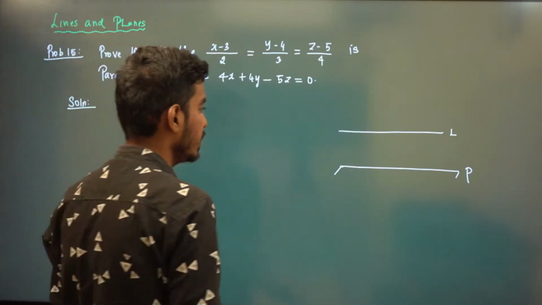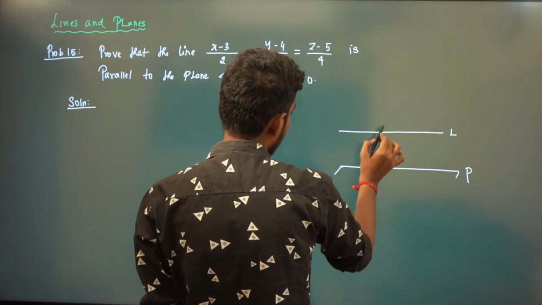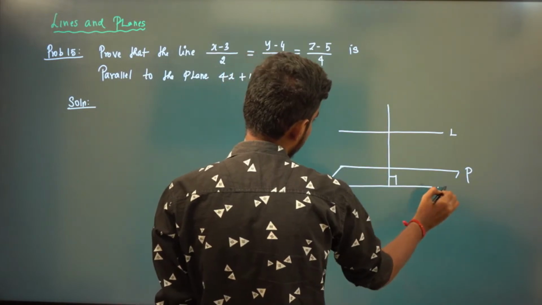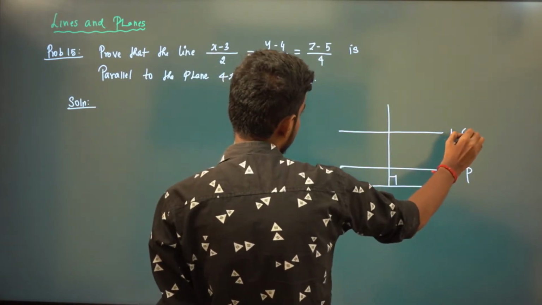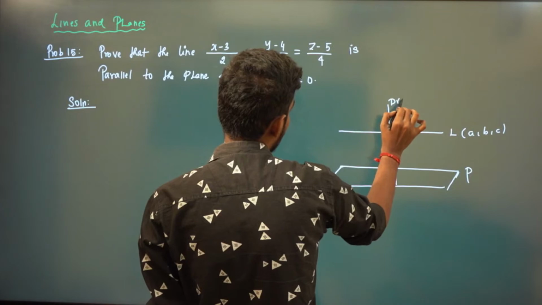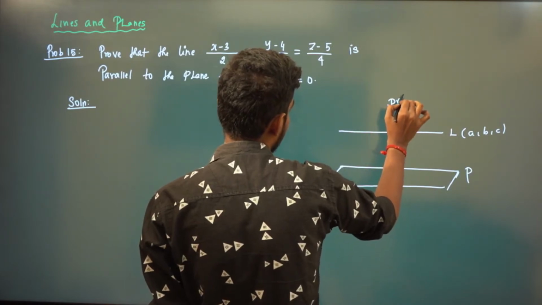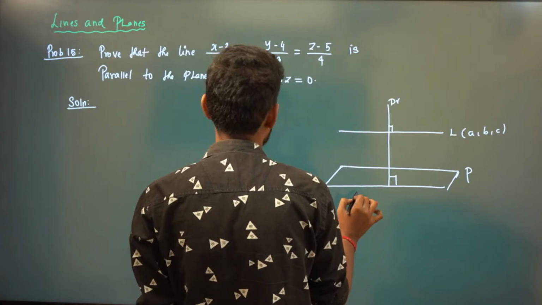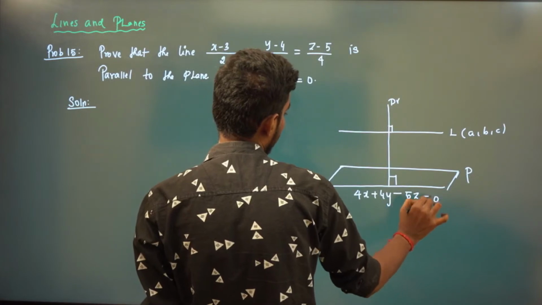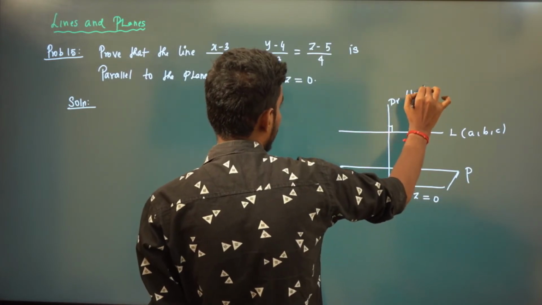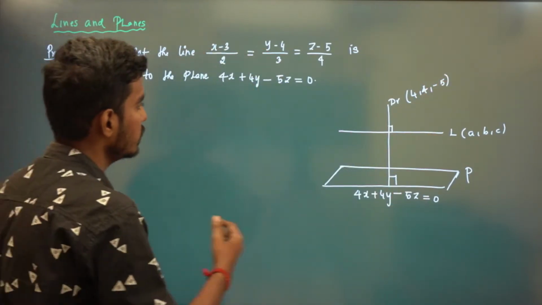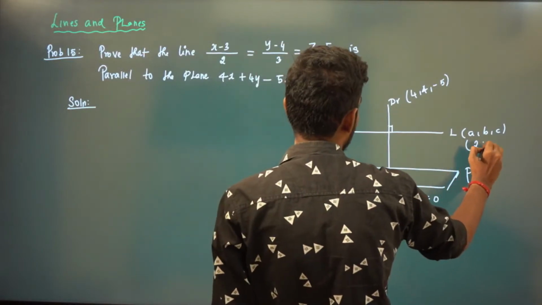This is the same as saying the corresponding direction ratios are perpendicular. What is the direction ratio of the normal to the plane? Let us say it has direction ratio A, B, C. For 4x plus 4y minus 5z is equal to 0, the direction ratio is 4, 4, minus 5. And the direction ratio of the line is 2, 3, 4.